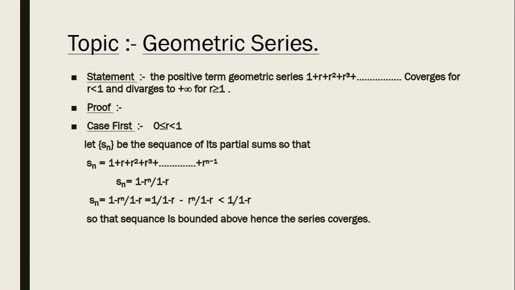Friends, we have a formula for finding the sum of n terms of a geometric series, which is given as Sn is equal to 1 minus r raised to n divided by 1 minus r, which is equal to 1 divided by 1 minus r minus r raised to n divided by 1 minus r, which is less than 1 divided by 1 minus r, so that the sequence is bounded above.